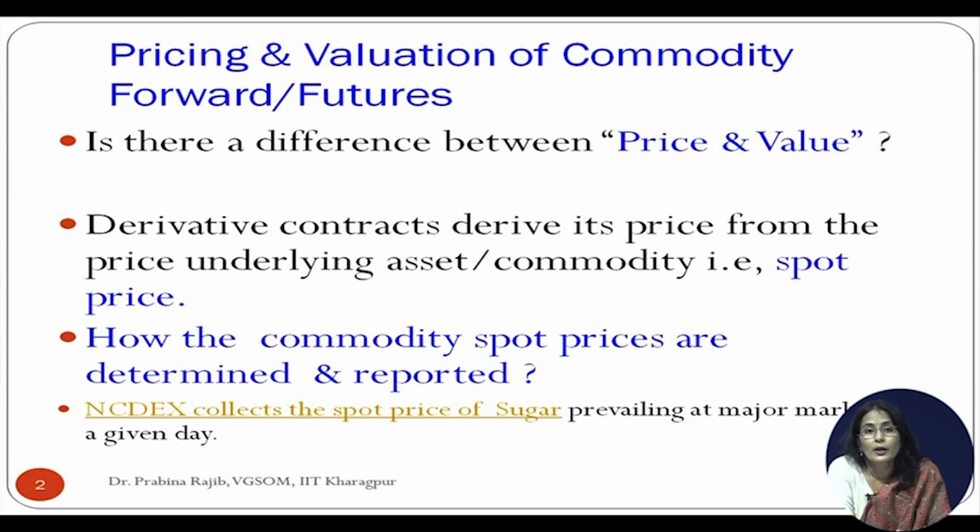Now when we are talking about the spot price, which price are we going to consider, considering this spot price for a commodity can vary significantly from place to place?